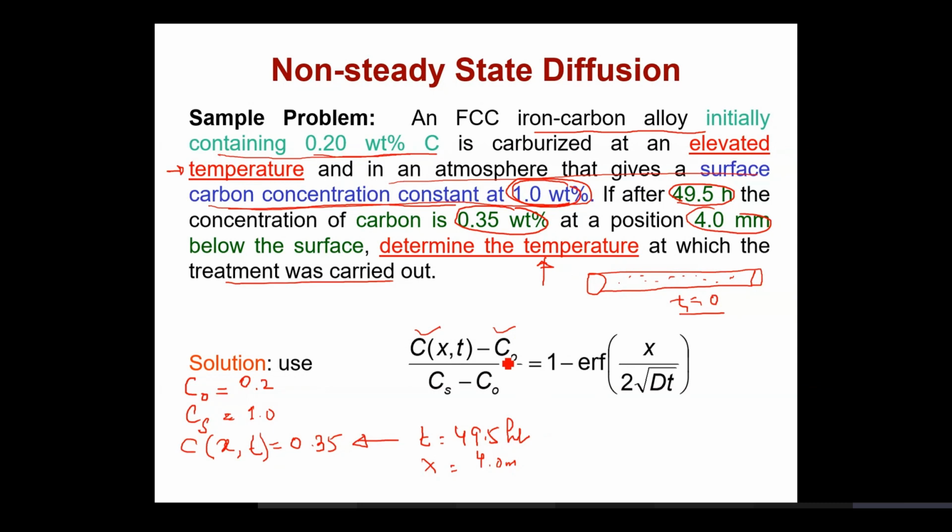So these four values are given to you. Can you find out the value of error function z? What is error function z? Can you find this out?